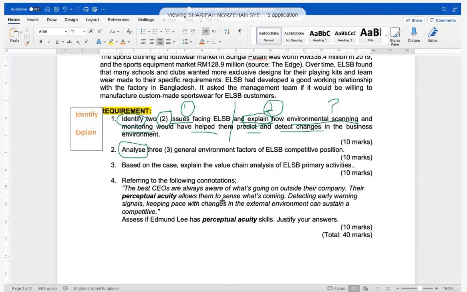Changes in terms of the political situation that will affect ELSB, fine, acceptable, even if you don't know the exact terms or words used for that particular model. To me, it's even much safer in that sense. You still can give your answers and you still have the chance to get the full marks.